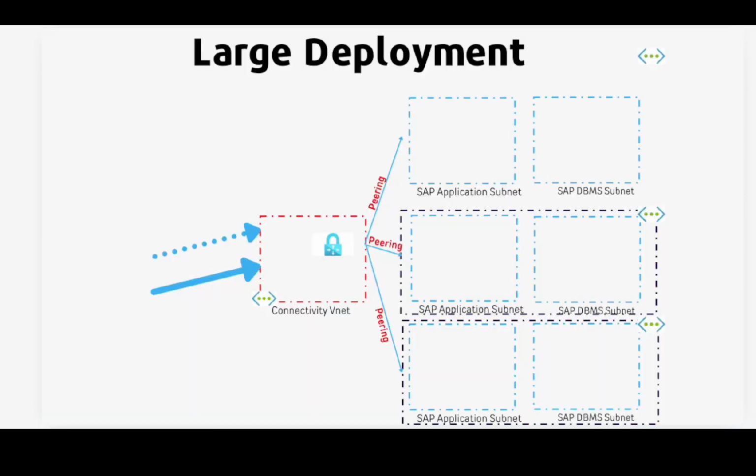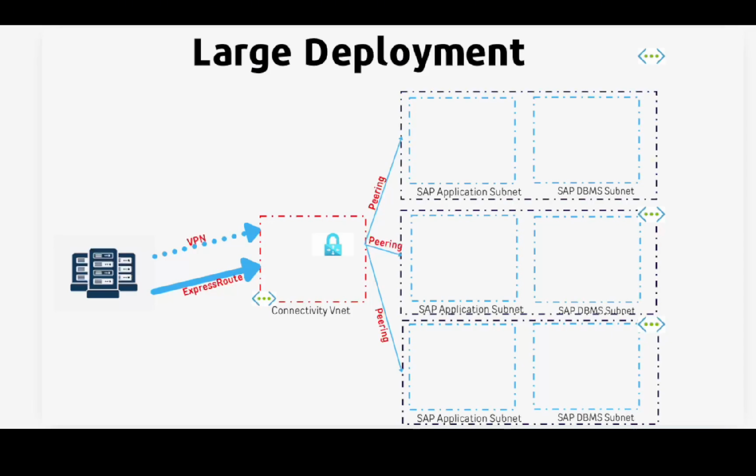Now, as you can imagine, the simple deployment like the one we saw earlier will not support large environments. For large deployments, we will use a multiple VNet structure where we have multiple VNets and the same on-premises environment connected via VPN or an ExpressRoute.